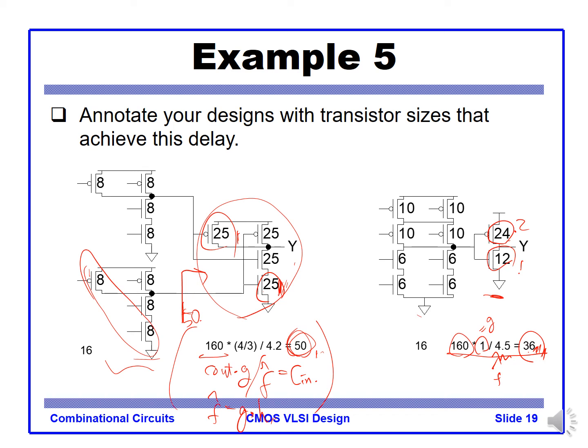So we know that now this is the 36. For the input, the capacitance must be 16. So for any input, for example A and A, the total should be 16, right? So we get this device size.